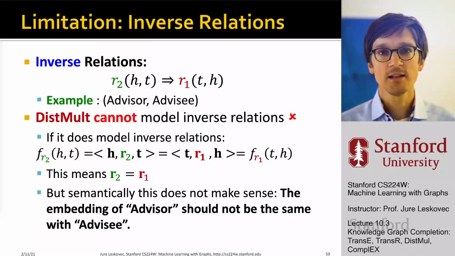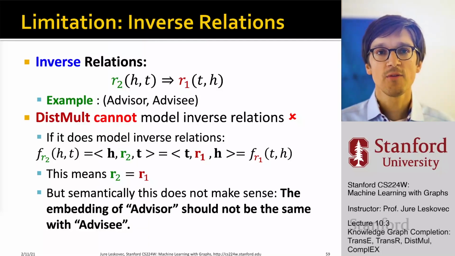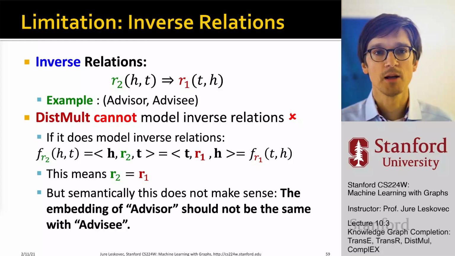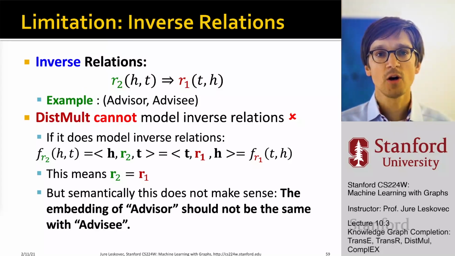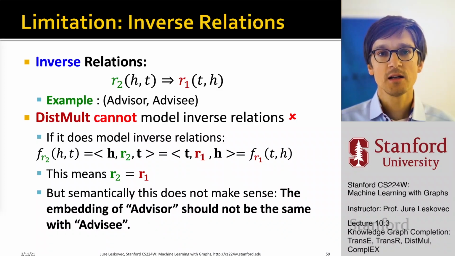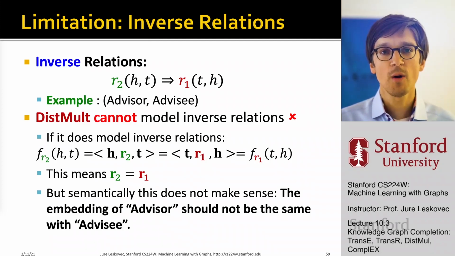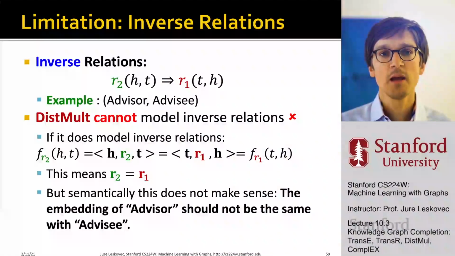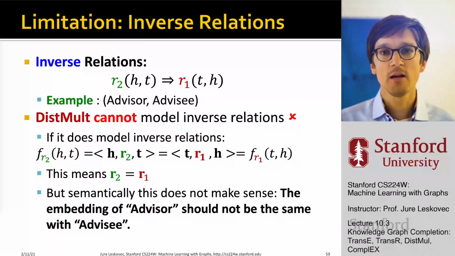And then the other thing DistMult cannot do is modeling inverse relations. If H and T are related with R2, then they should also be related in the different direction with R1, like an advisor-advisee type relation. The reason DistMult cannot model this is that the only way to model the inverse relation would be that R2 and R1 are equal.